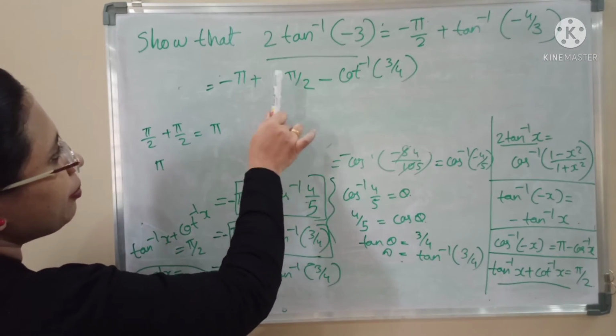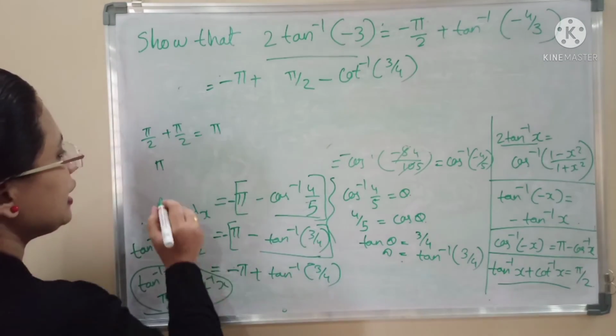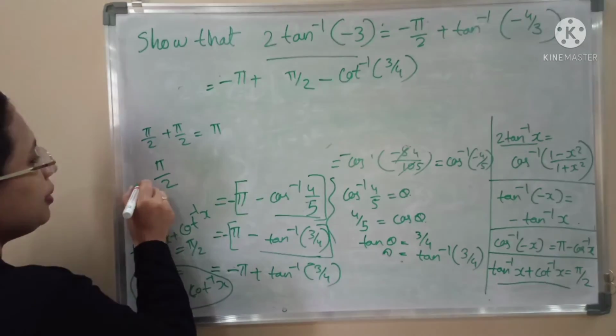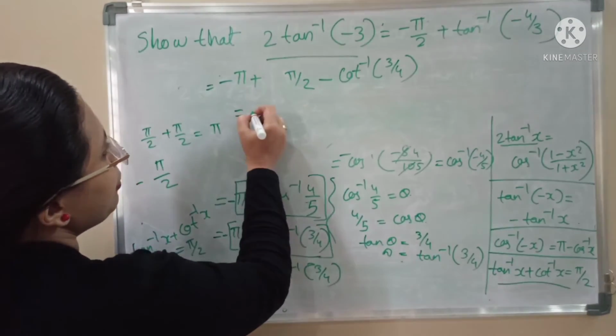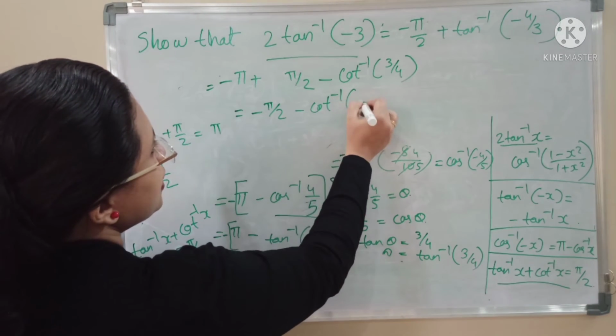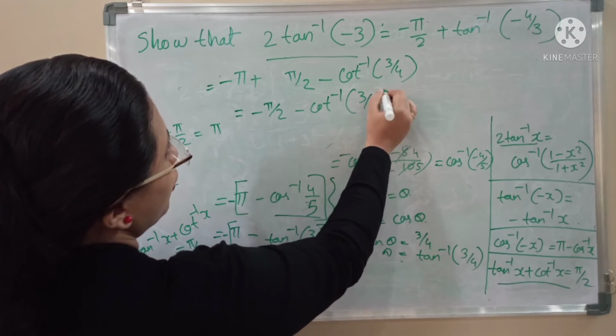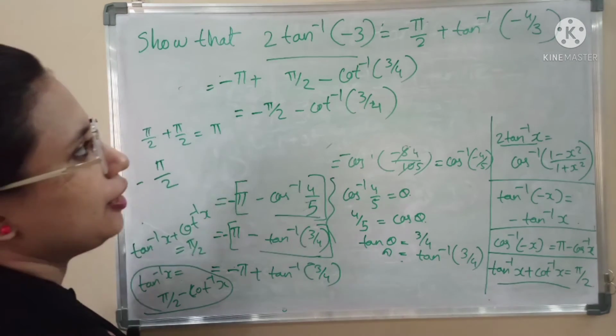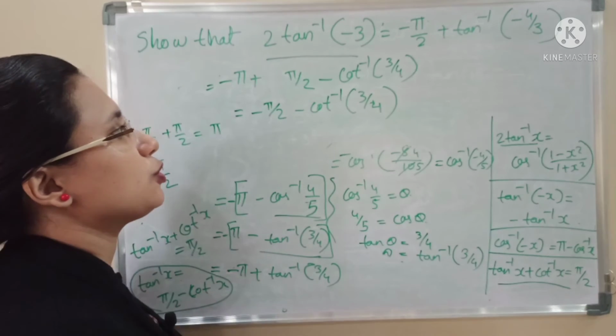Subtracting pi by 2 from pi, we get pi by 2 and the sign will be minus. So this will be minus pi by 2 minus cot inverse 3 by 4. So almost we are there, right? Next we have two more steps.